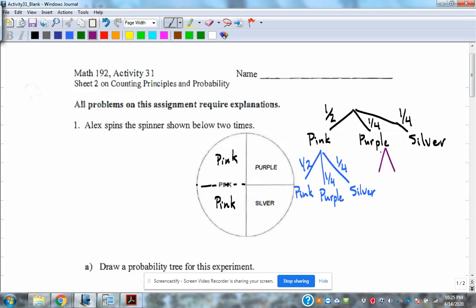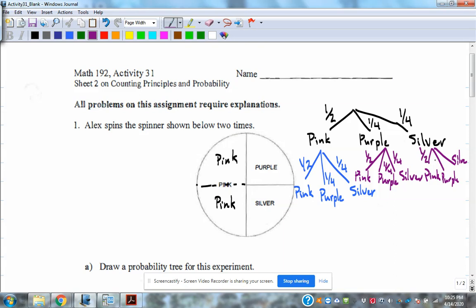Same thing's going to happen on the purple branch. We're going to shoot off 3: pink, purple, silver, 1/2, 1/4, 1/4. Silver happens, you got pink, purple, silver. Ran out of room there, so it's hard to see.